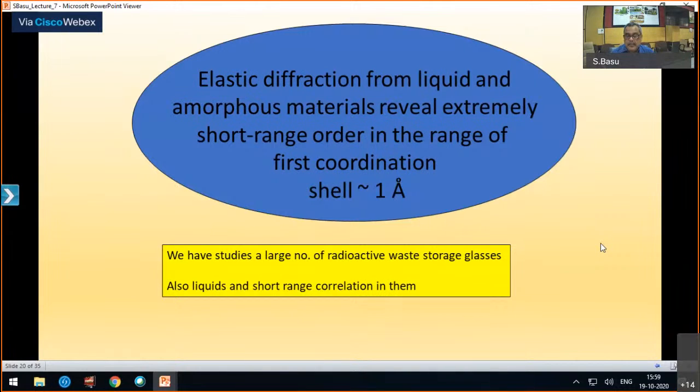Liquids and amorphous materials may not have the long range order as you see in a crystallographic material, but they also have short range order. Today I couldn't do that. I'll take it up in the next class, what it means and what we get and what will be the instrument that you will need to understand the short range order in liquids and amorphous materials.